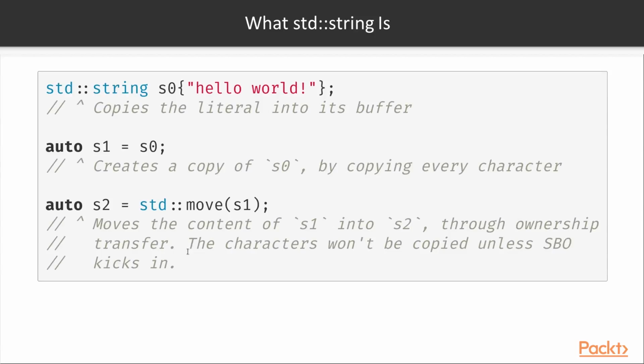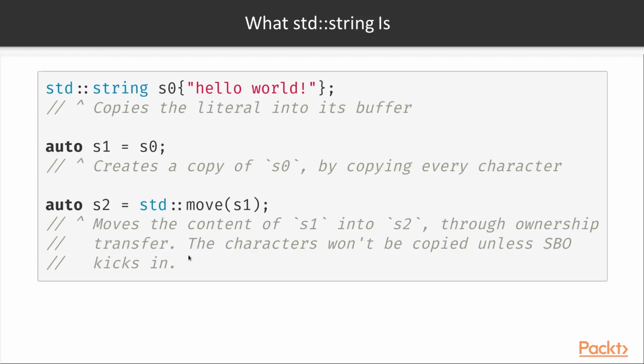This can mean one of two things. If the string contained inside s1 was small enough to fit into the small buffer, then the characters will have to be copied. This is usually an inexpensive operation because the number of characters is really small. However, if the string inside s1 was too large to fit inside a small buffer, this means that s1 is actually storing a pointer to a dynamically allocated char sequence containing the string.